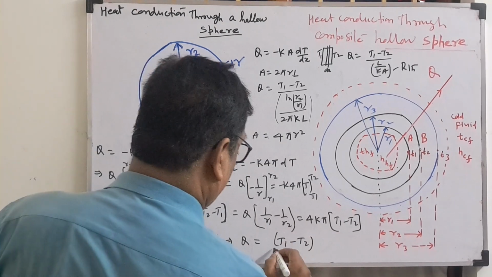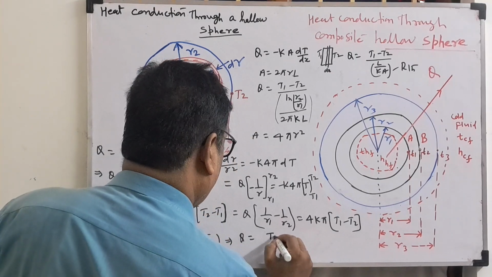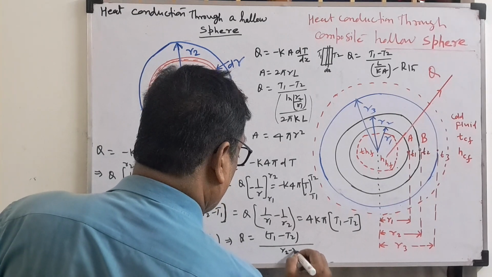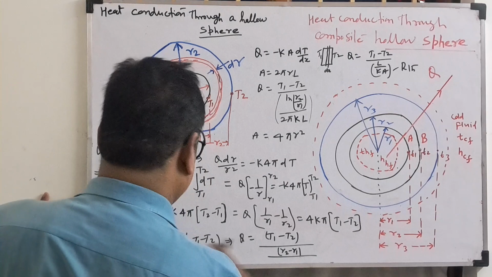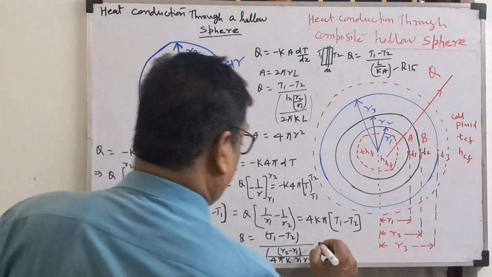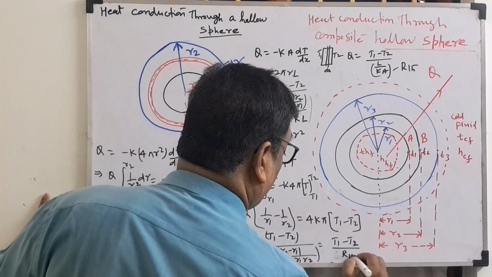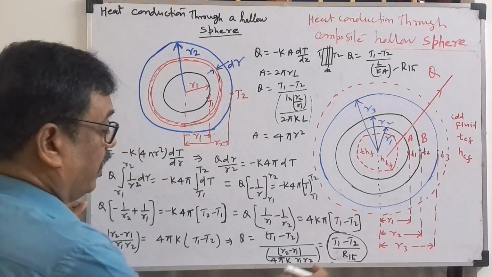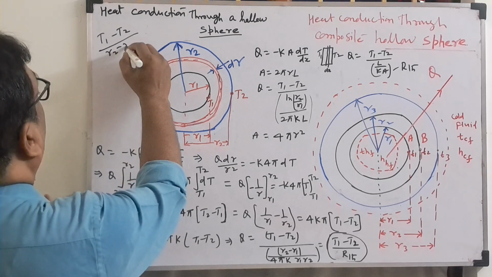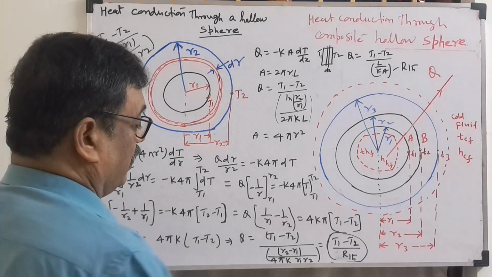So Q equals T1 minus T2 divided by R2 minus R1 over 4 pi K R1 R2. This is the thermal resistance. So we can write Q as the overall temperature difference T1 minus T2 by the total thermal resistance. This is the heat flow rate we got, where R thermal equals R2 minus R1 over 4 pi K R1 R2, for one block.